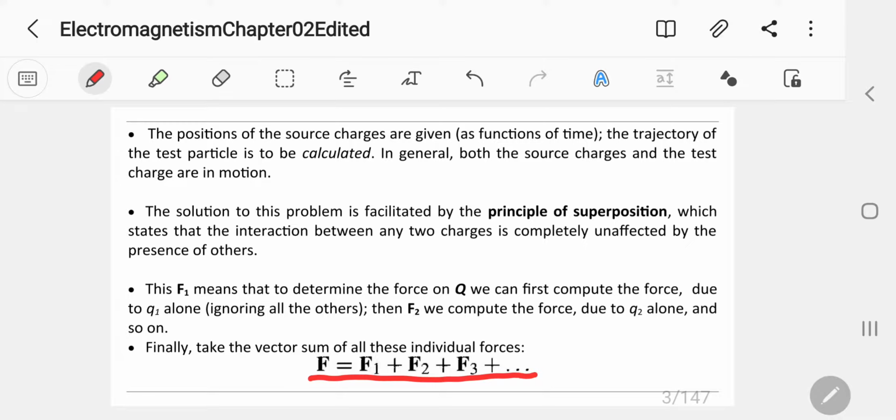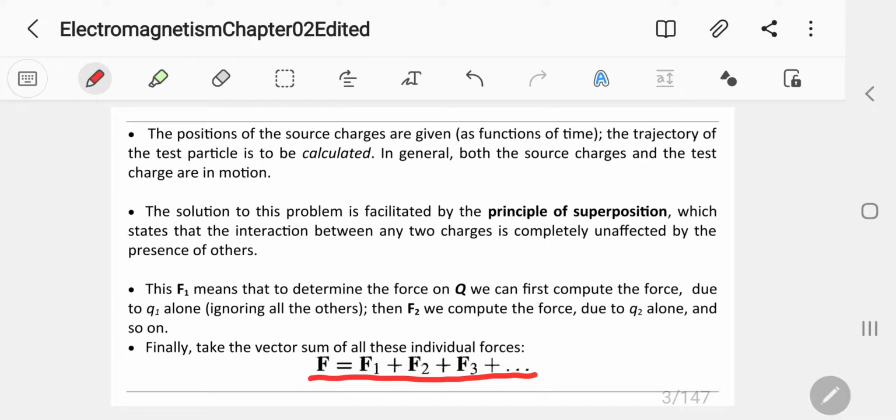Here the force F1 means that you determine the force on Q first computed with the charge Q1, and you ignore all the other charges.